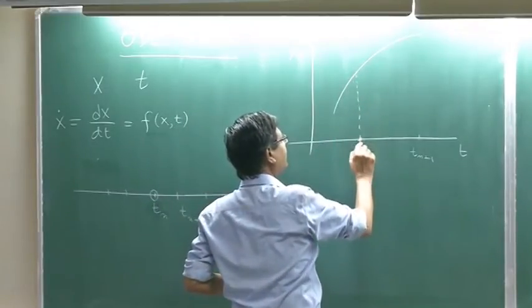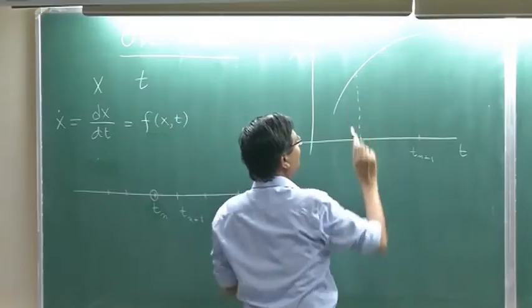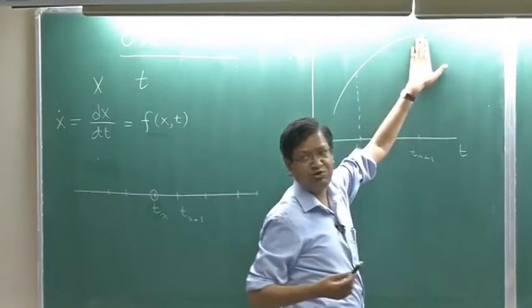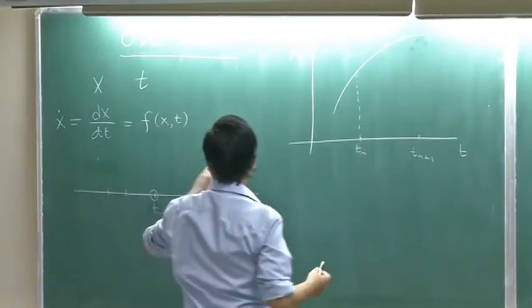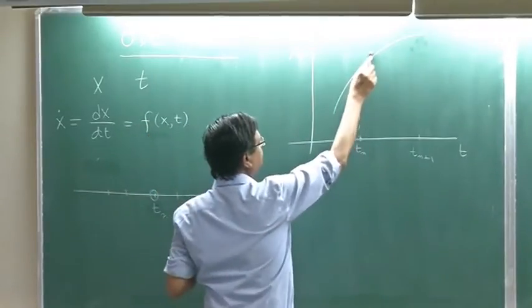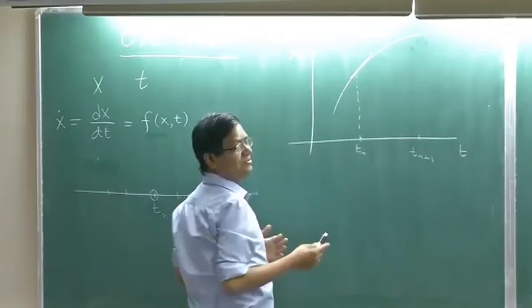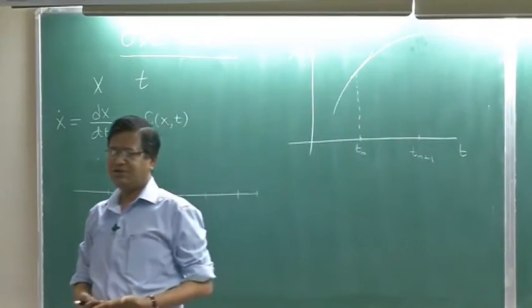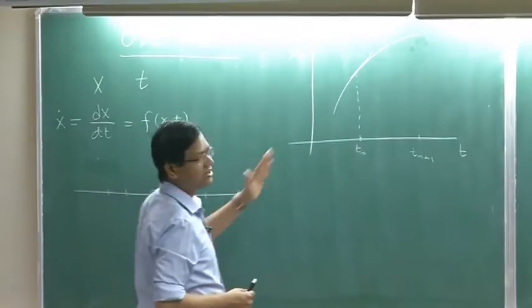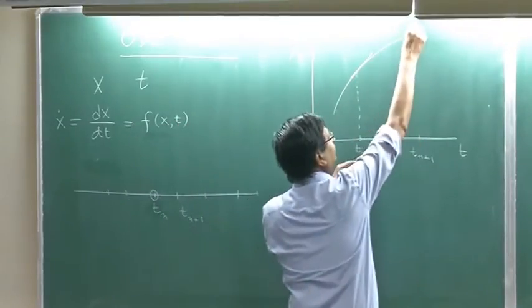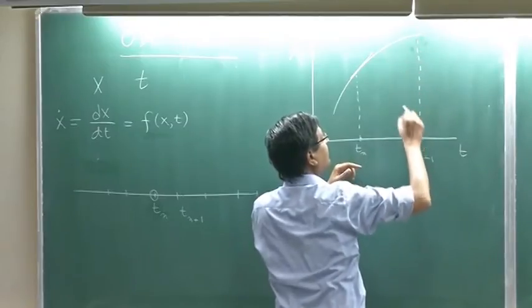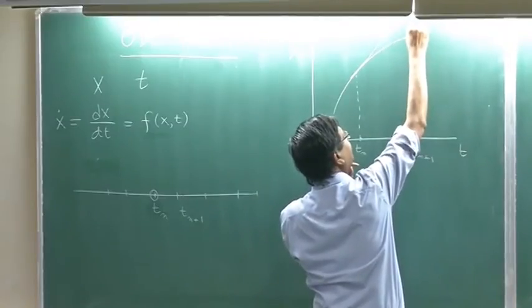At this point I know the slope. By the way, I don't know what this is; I have to compute it numerically. So I compute the slope, which is f, at that point, and using the slope I extrapolate till here, and I reach here.